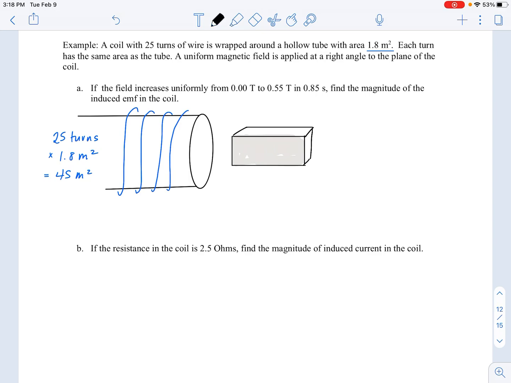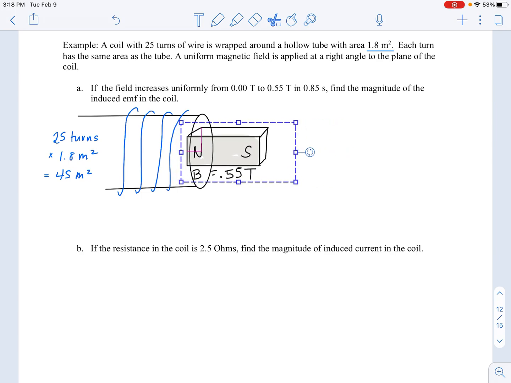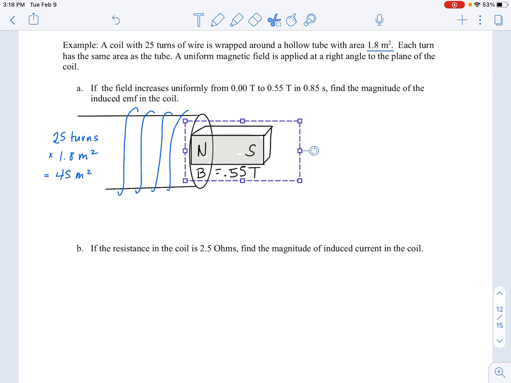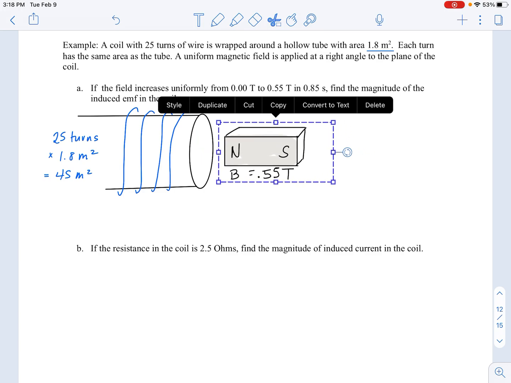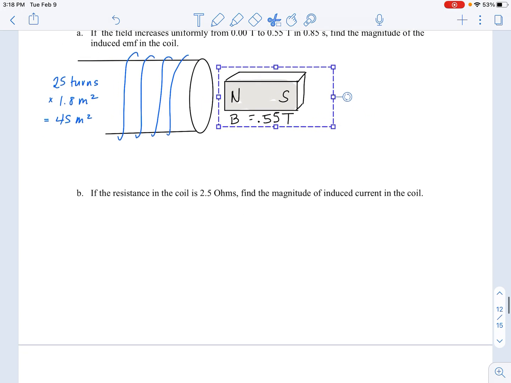It's going to have a north pole and a south pole, and it's got a magnetic field associated with it. And the magnetic field around the magnet is going to be 0.55 Tesla. And what's going to happen is we're going to put this magnet into the coil, and when we put that magnet into the coil, it's going to induce a voltage in the coil.